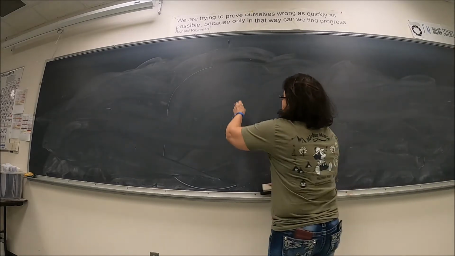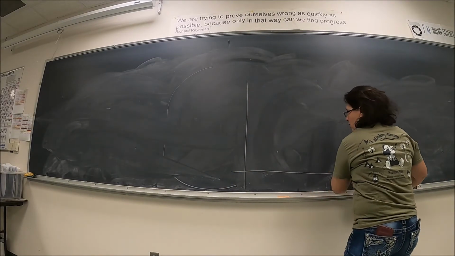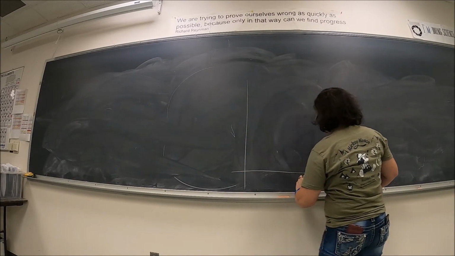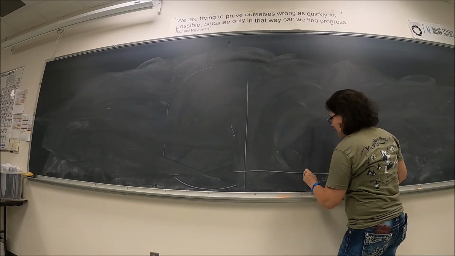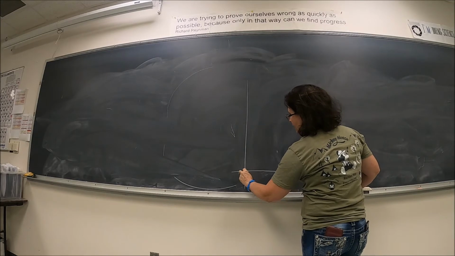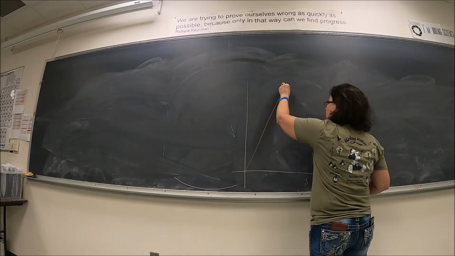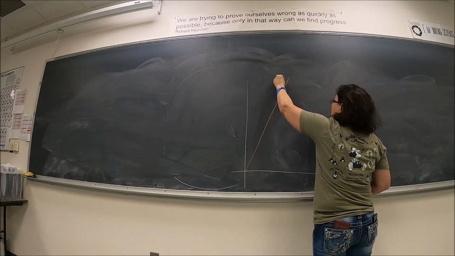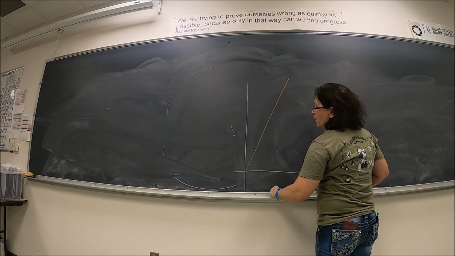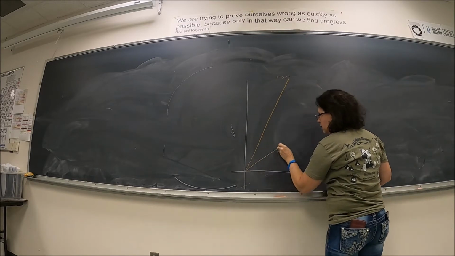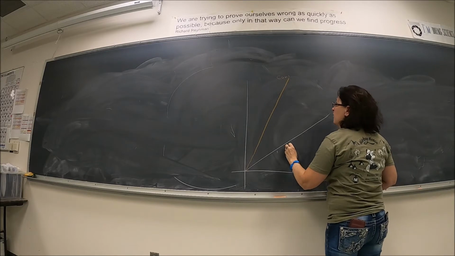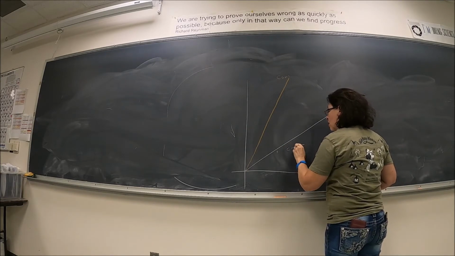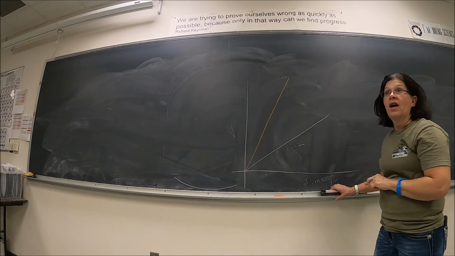Okay, let's say that we have a graph here. Velocity versus time. And here's car 1's velocity as a function of time. And here's car 2's velocity as a function of time.